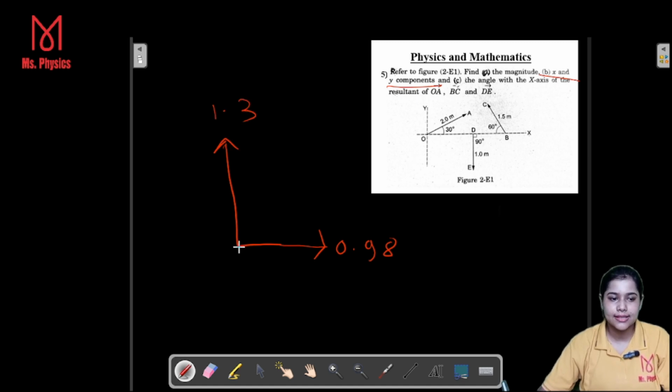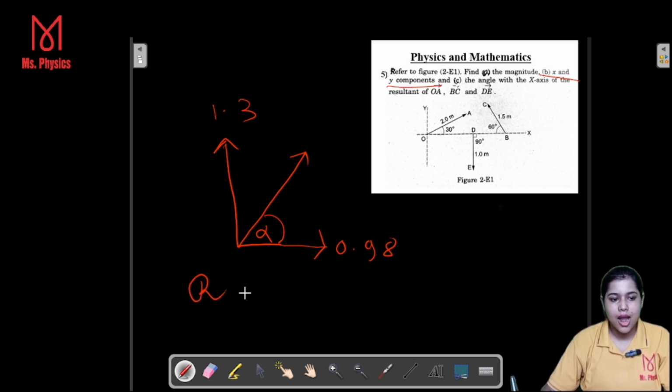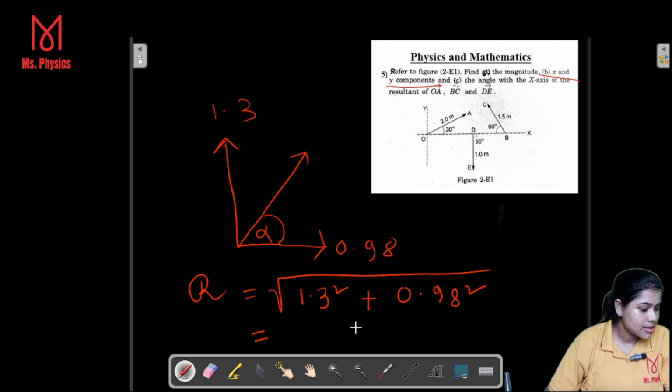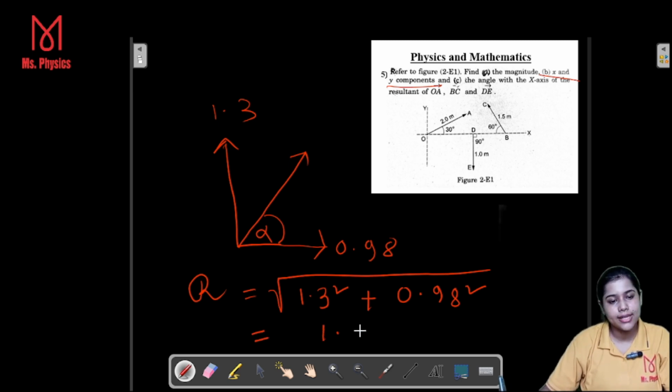So what would be the resultant? The resultant vector would be something like this with an angle alpha. Okay, so the resultant, suppose R, is equal to under root 1.3 square plus 0.98 square. Now if you do the calculation, the answer would be 1.6.